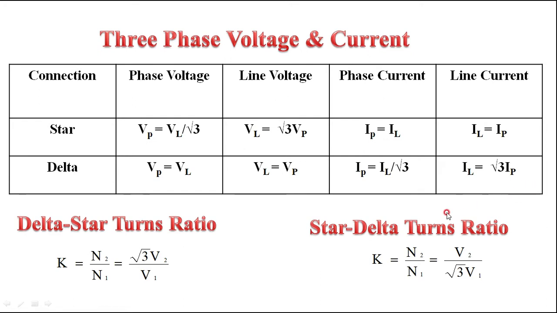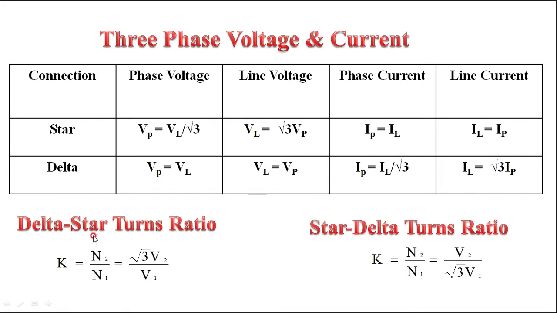Then we have to define the transformer ratio of delta-star turns ratio, star-delta turns ratio, and at the same time we have to look into the voltage ratio. Whatever be the connection from the primary to secondary, whether delta-star, star-delta, whatever be the case, the number of turns involved from the primary to secondary is what we call the transformer ratio.